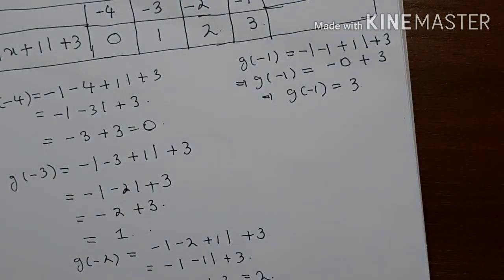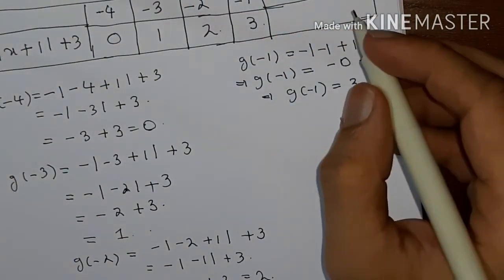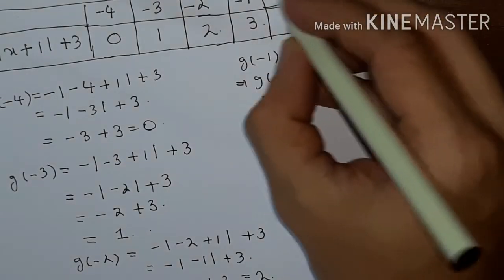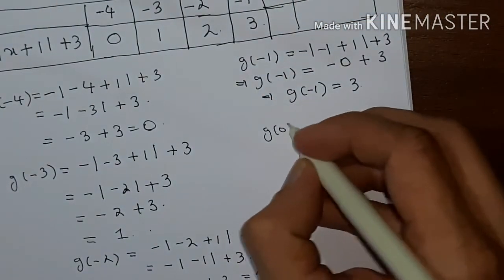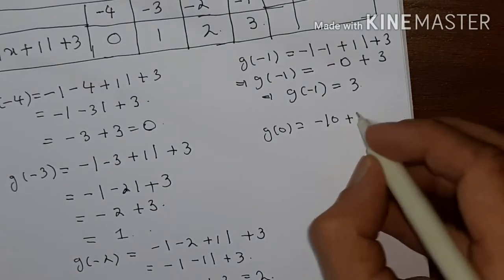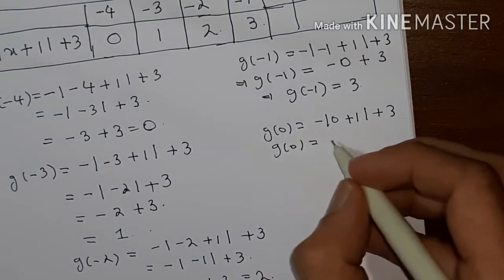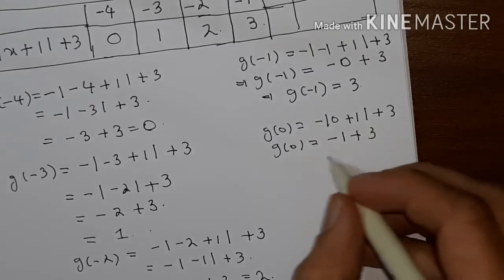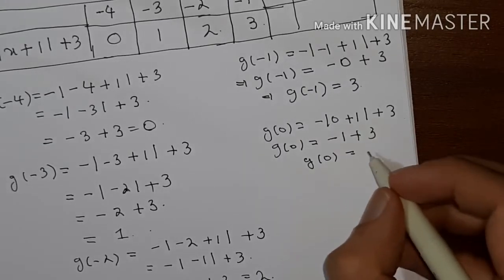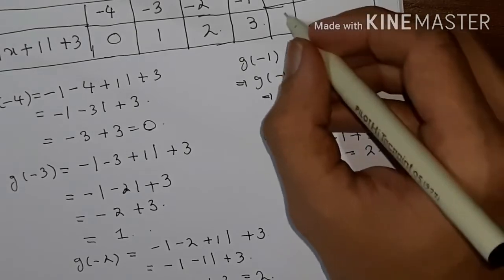Okay, now suppose you take 0 here, what will you get? g of 0 is minus of modulus of 0 plus 1, plus 3. So g of 0 is nothing but minus 1 plus 3. So g of 0 is 2.